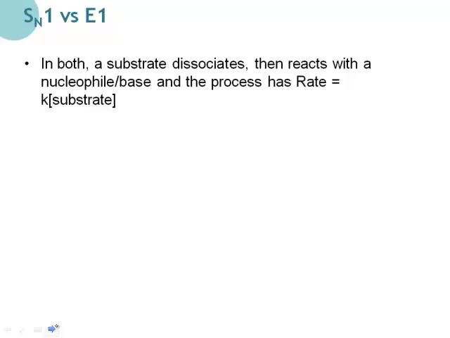So let's compare the SN1 and the E1 mechanism now. As you remember, in both cases, the rate determining step is unimolecular. So there's the first step whereby the substrate dissociates with the leaving group. So we can just draw that generically.